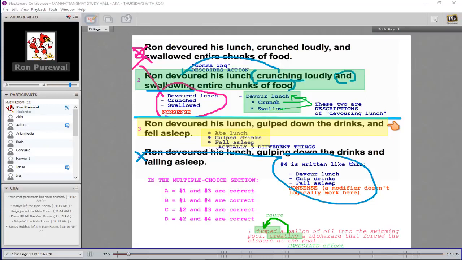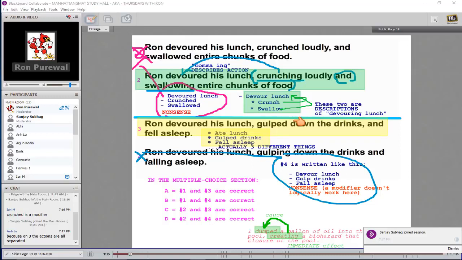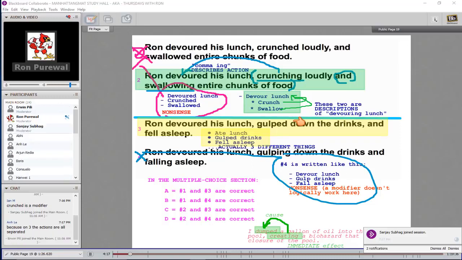How is that possible? Okay, it's what Ian said, this is a modifier, but how do you know that? Why shouldn't gulping also be a modifier? Aha, you're looking at the meaning of the sentence.